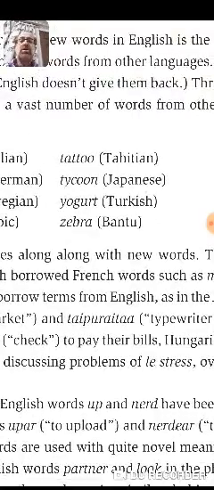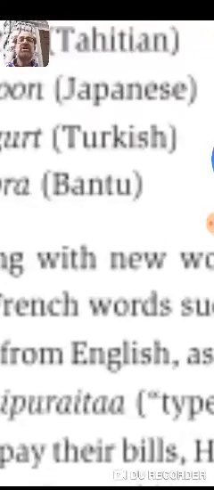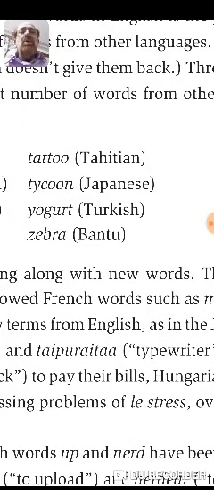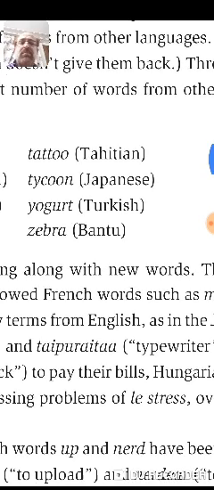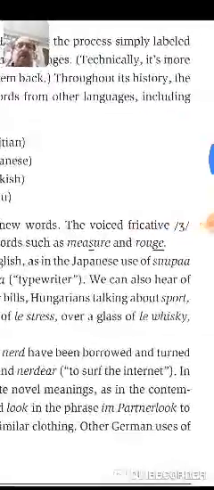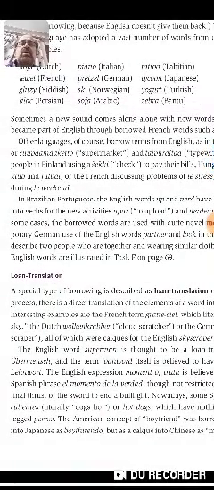And yogurt from Turkish. Okay, so you see that in English we actually borrow words from so many different languages, including Arabic. Well, and this happens in all other languages, as the examples below suggest that you are going to study. Okay, there are good words here for you to look at.